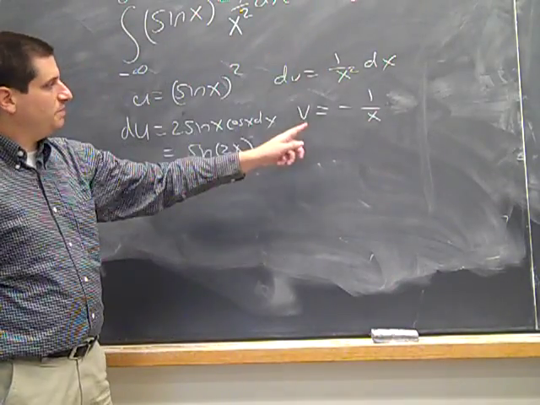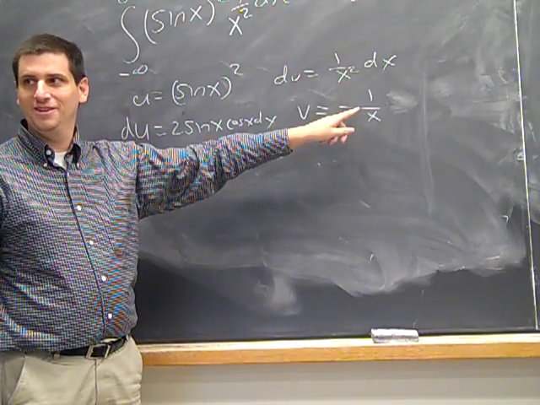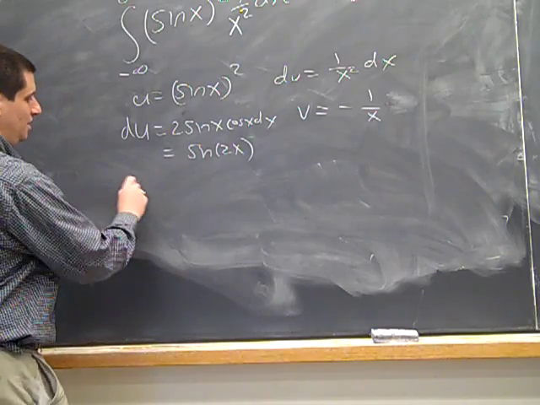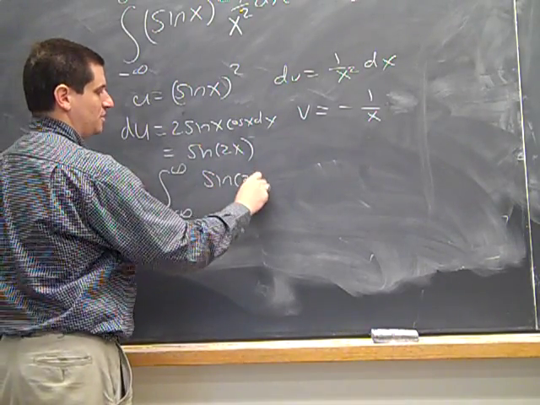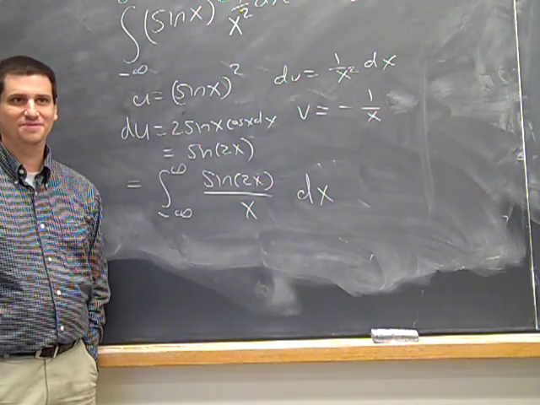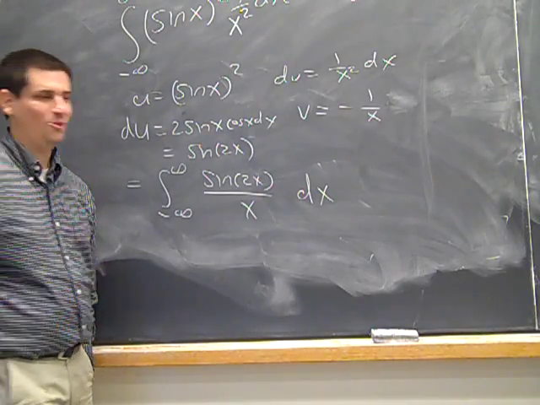Well, when I do uv at minus infinity to infinity, uv vanishes. Okay? Minus and a minus becomes a plus, and I get the integral from minus infinity to infinity of the sine of 2x over x dx. What can I multiply by? 1.